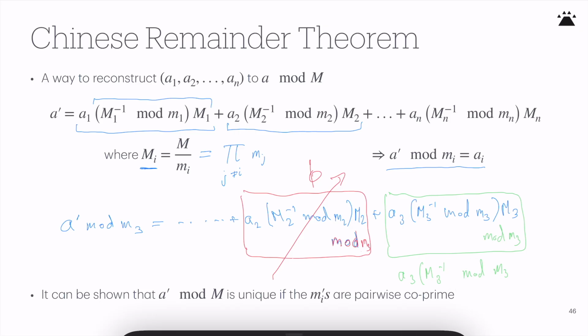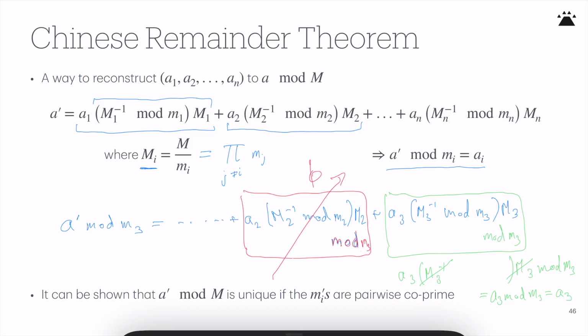From modular rules, we can erase this one, because we have the modulo M3 on the whole thing. Then M3 to the minus 1 cancels out with M3, they just equal 1. And then what I finally have is A3 mod M3, but that's just equal to A3 because A3 was already modulo M3. So this guy goes to A3.